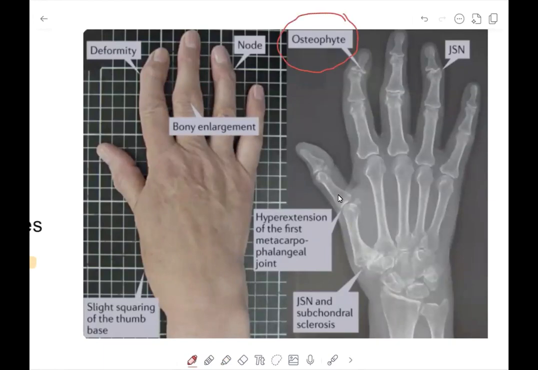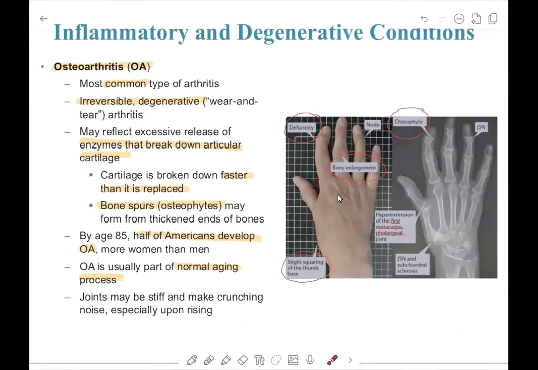You can see hyperextension of the first metacarpophalangeal joint. There's a squaring of the thumb here that you'll notice. A deformity here, and a bony enlargement at the knuckle. And you can see lots of those on the x-ray as well.